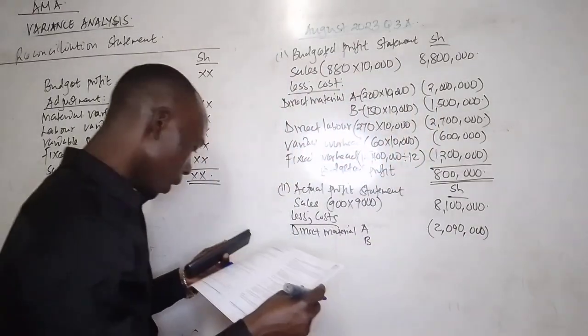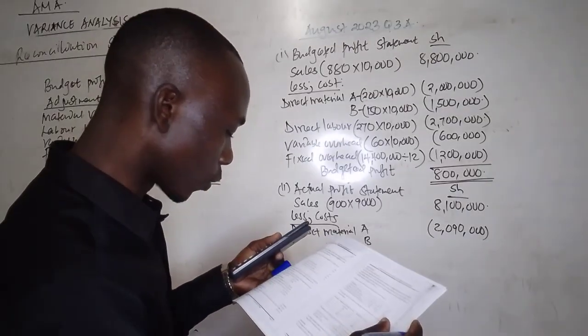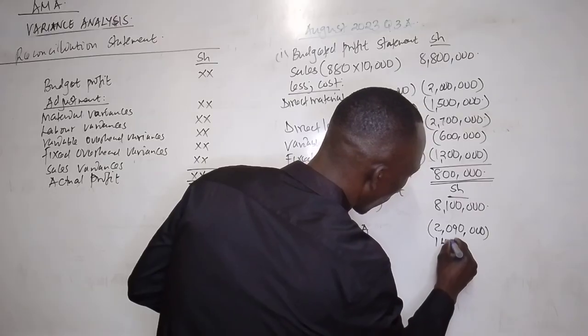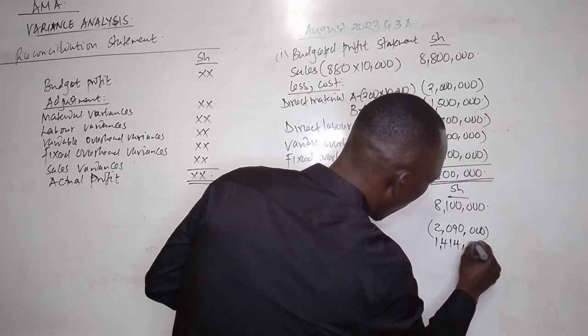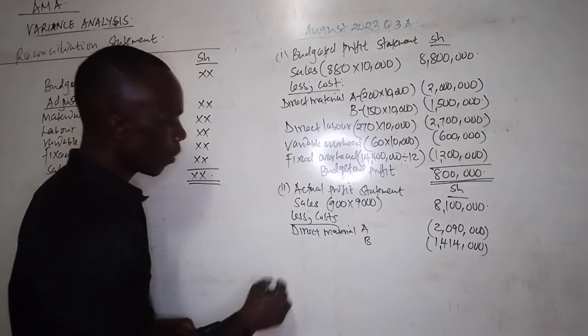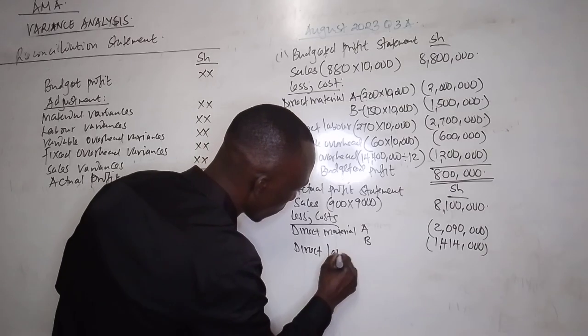Then for B, you are given that 10,100 liters were consumed at a cost of 1,414,000.